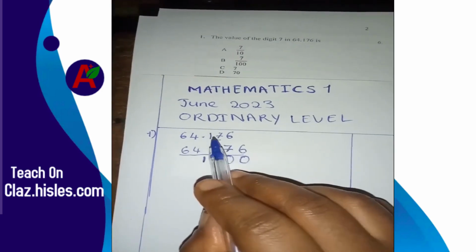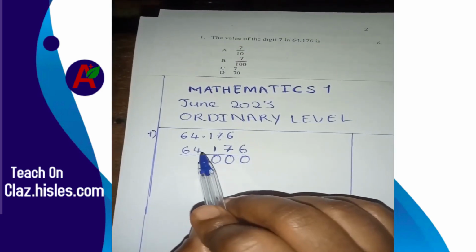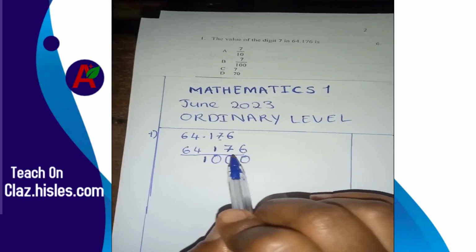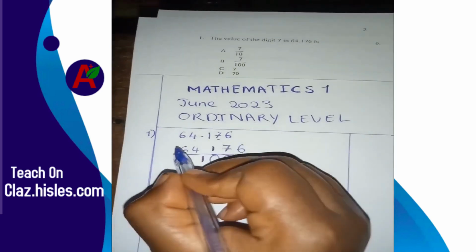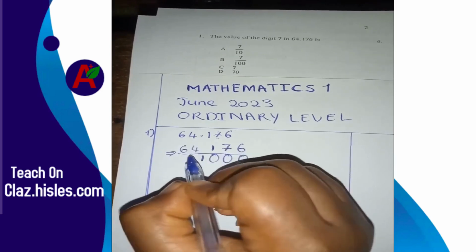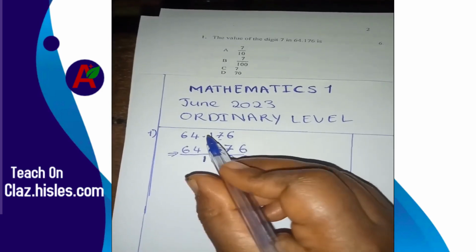So 64.176 can also be written as 64,176 divided by 1000.